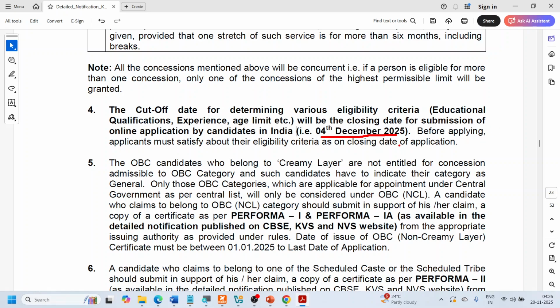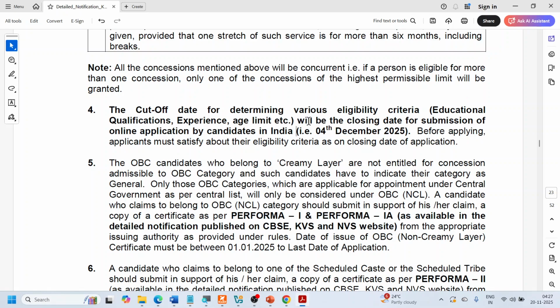So be careful, get all the certificates first. Don't rush and apply for the post. Get all your educational qualification, your experience certificate, everything, including your caste and every other qualifying certificate. Get everything and then start applying, rather than saying that I will get it on 10th of December. You will not be able to qualify, because you will be disqualified. That is what they have said.